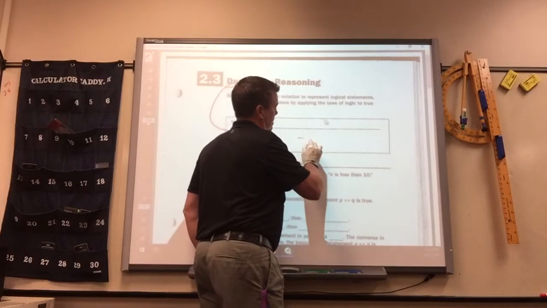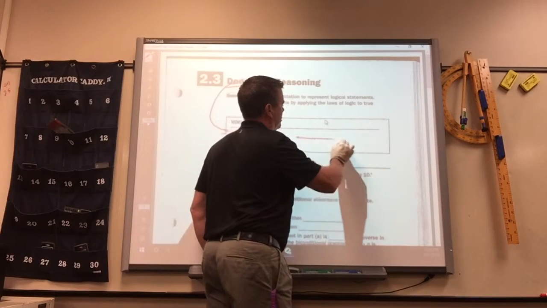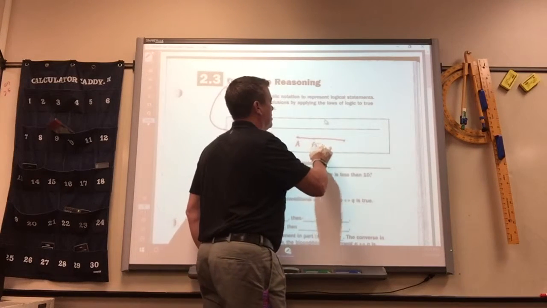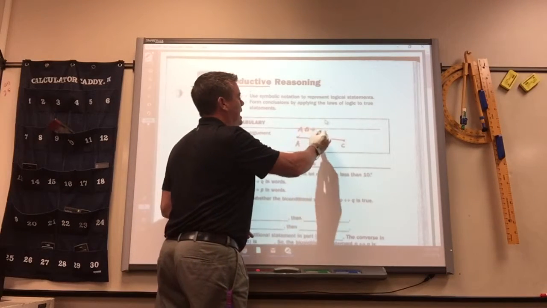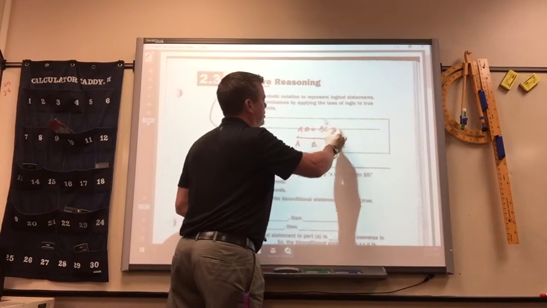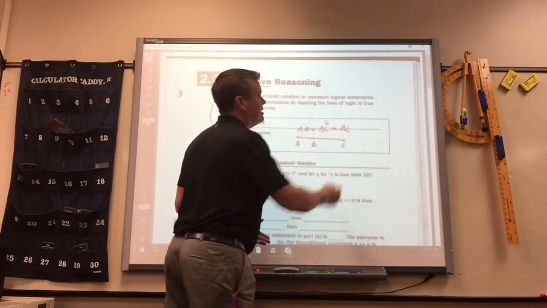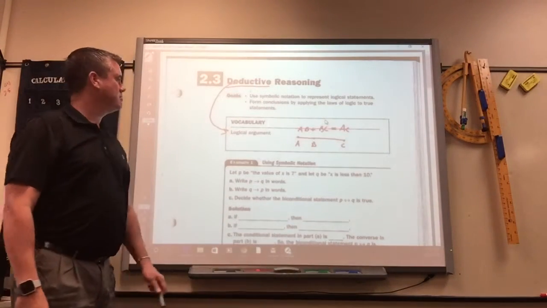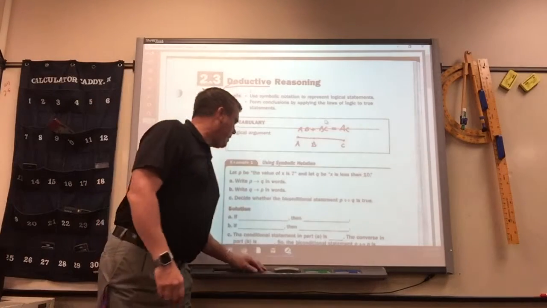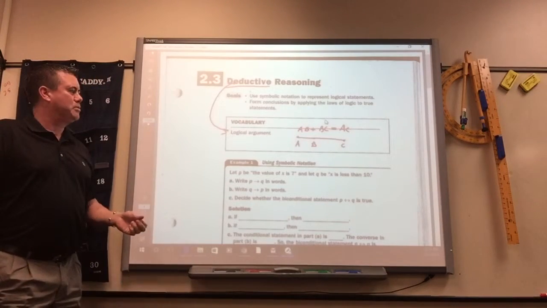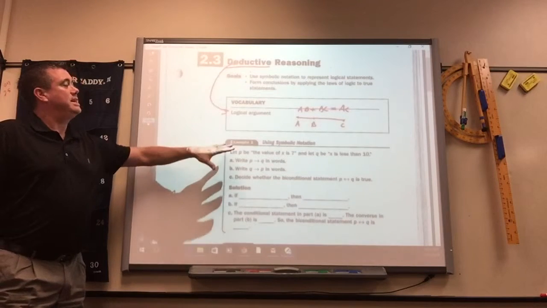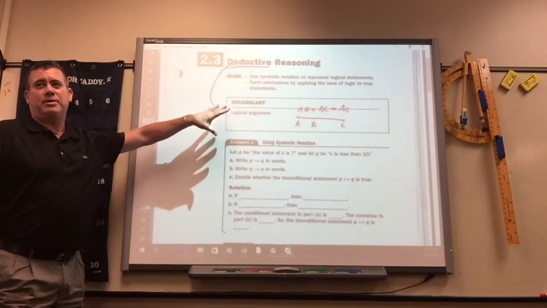Like the segment addition postulate: if you take AB and add BC to it, you have the whole thing AC. Okay, that's logical. So these statements that we're doing, again, it's going to come up later when we do proofs.